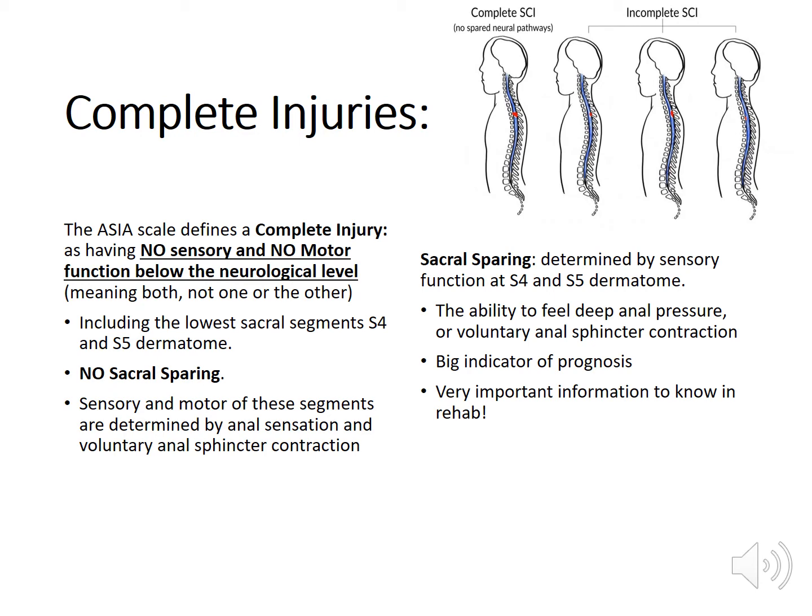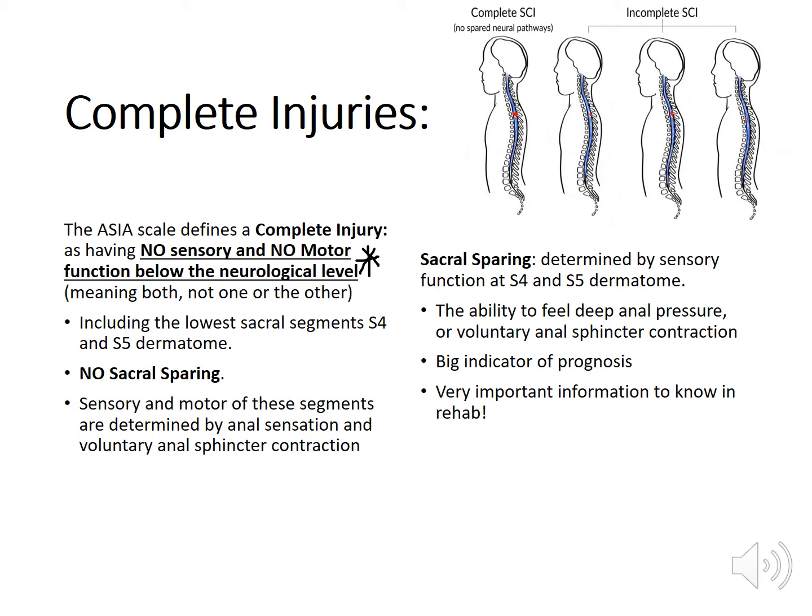Okay, so just to recap, the important classification of a complete injury is that there is no sensory and no motor function below the neurological level, meaning that there cannot be sensory with motor.